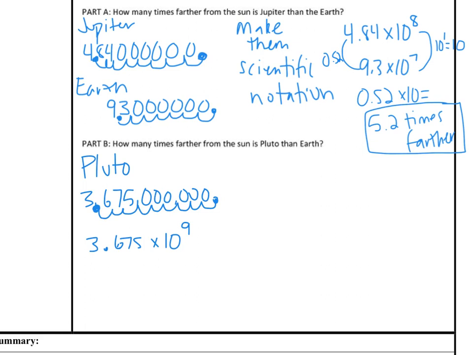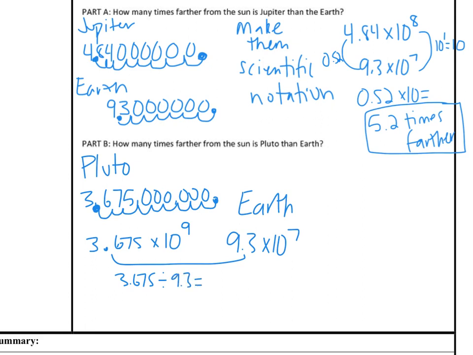Earth, I already did Earth. I did it above. Earth was 9.3 times 10 to the 7. So I compare my front numbers, 3.675 divided by 9.3, and that is 0.395.